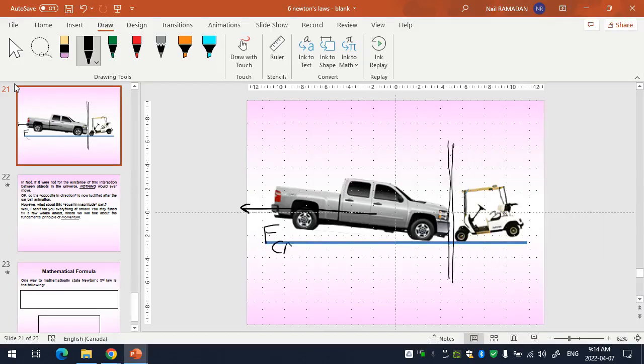So cart on truck. Okay, how about this way? Right here, the force of car on the truck. You got it, everyone. F, truck on cart. Awesome.